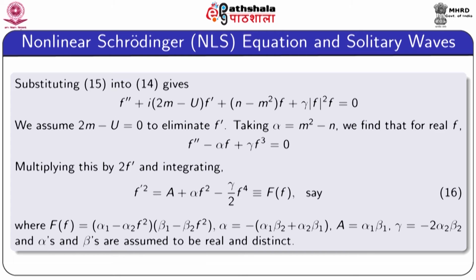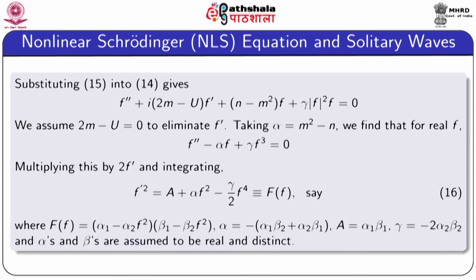So, let capital F equal (alpha 1 minus alpha 2 f squared) times (beta 1 minus beta 2 f squared), where the constants alpha i's and beta i's are to be determined from the equations alpha equals minus alpha 1 beta 2 plus alpha 2 beta 1, capital A equals alpha 1 beta 1, and gamma equals minus 2 alpha 2 beta 2. And we are also assuming that these alpha i's and beta i's are real and distinct.